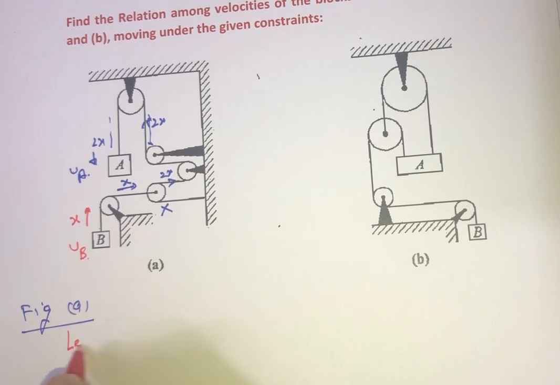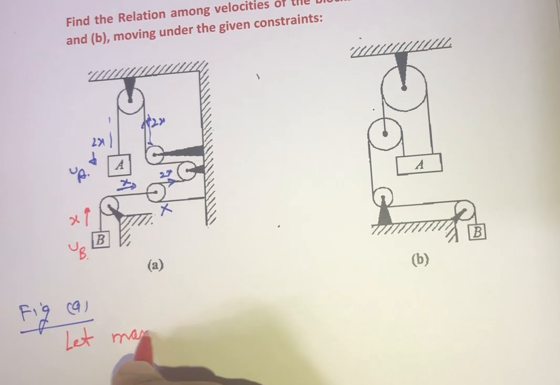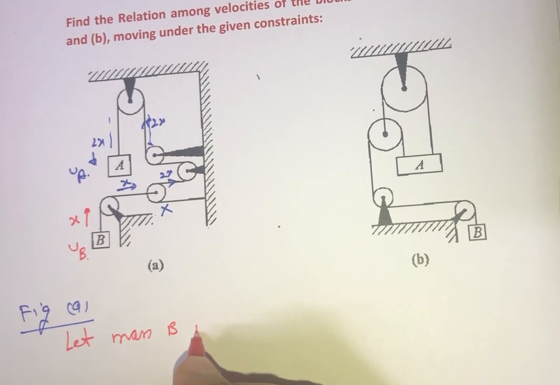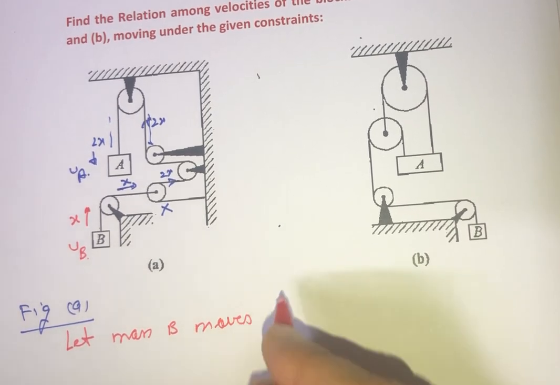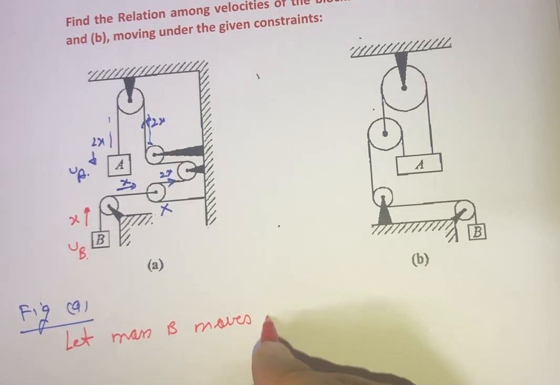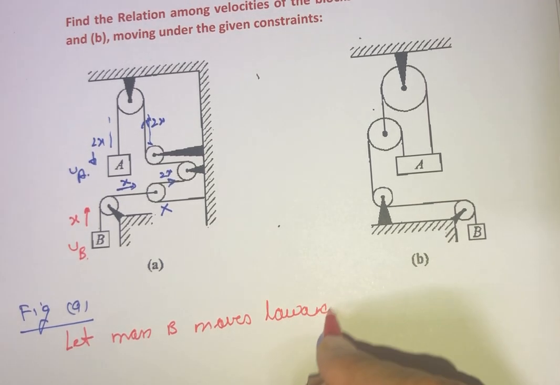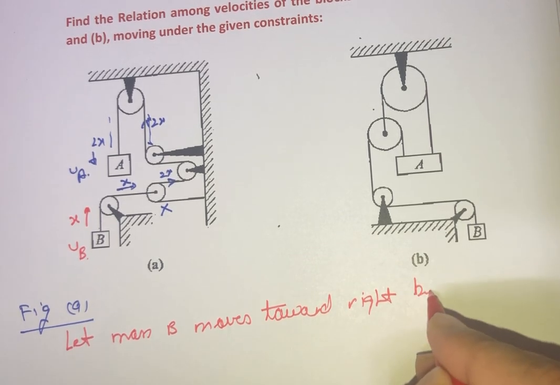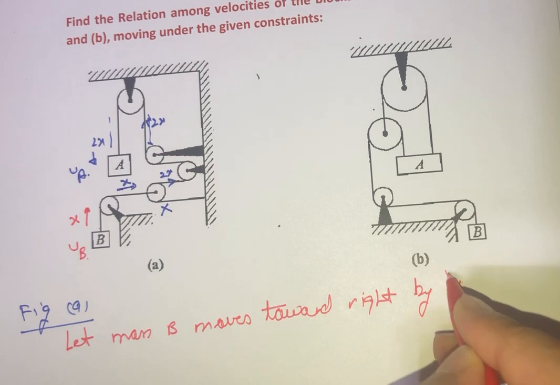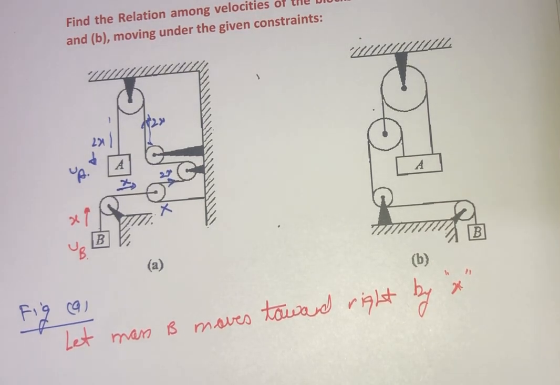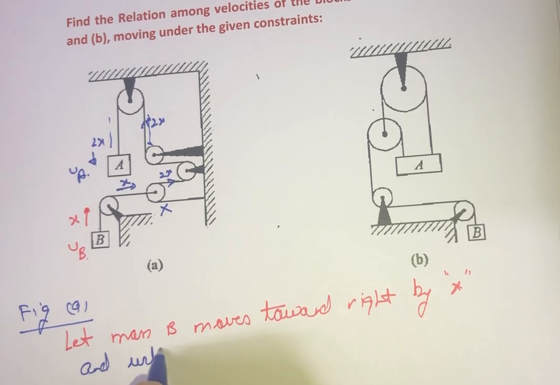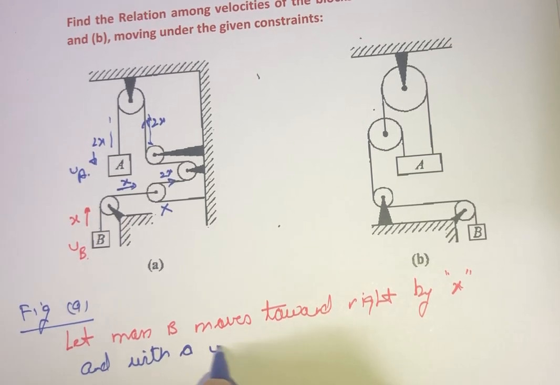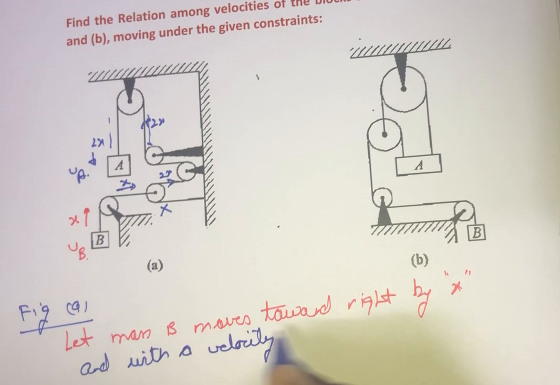You can say let mass B move toward right by x, and with the velocity of Vb.